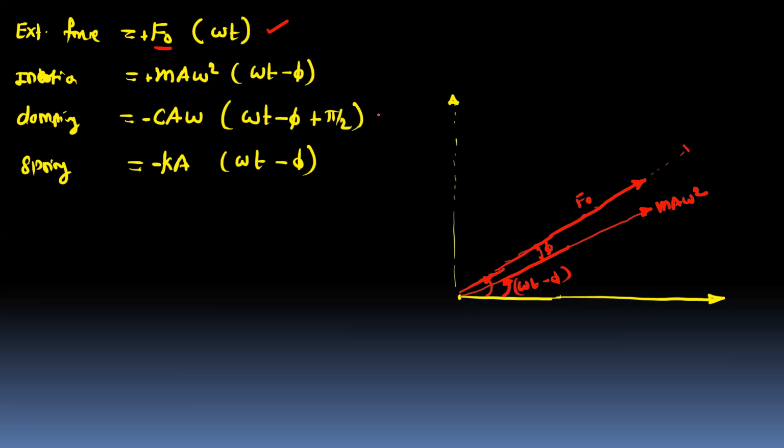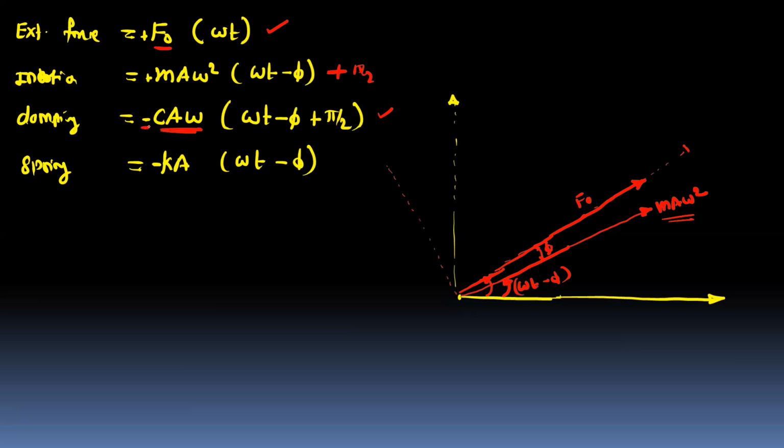Then the third vector is the damping force. Its magnitude is C a omega, and its angle is omega t minus phi plus pi by 2. That means to this angle, we have to add pi by 2. So this is omega t minus phi, the angle of this force. Just add pi by 2. Now here you can observe there is a negative sign.